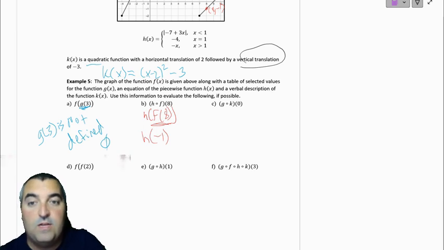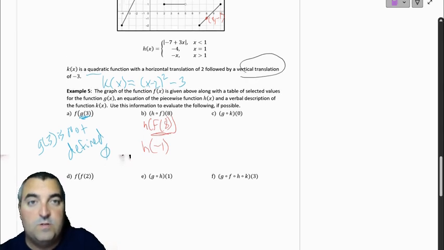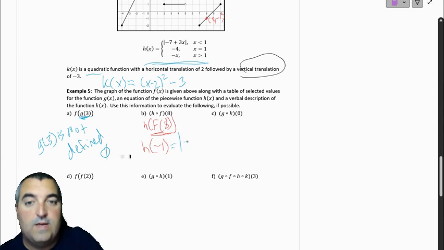But then I have to do h of -1, which means I'm looking at the piecewise defined function. At -1, well, -1 is less than 1, so I have to substitute it into that top equation and simplify.